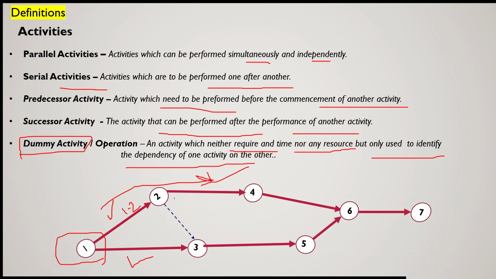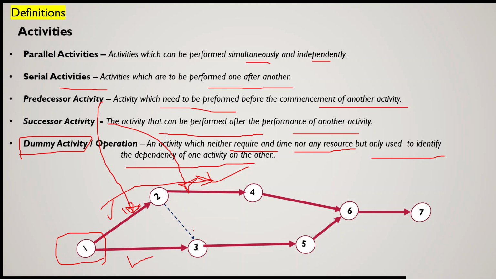Here activity 2-4 will be the successor activity, and activity 1-2 will be the predecessor activity. So we will say activity 1-2 is the predecessor activity for activity 2-4, or you can say activity 2-4 is the successor activity of activity 1-2.